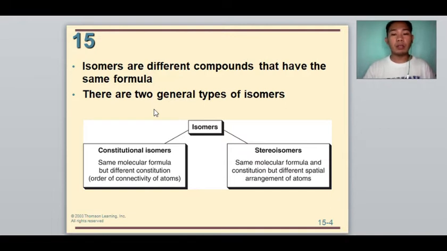Constitutional isomers have the same molecular formula but different constitution, and in chemistry, constitution means the order of the connectivity of the atoms. Stereoisomers have the same molecular formula and the same constitution but a different spatial arrangement of atoms in space.